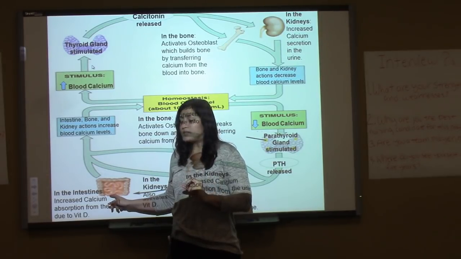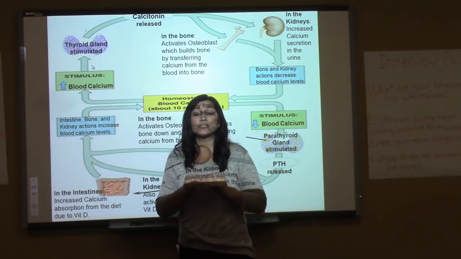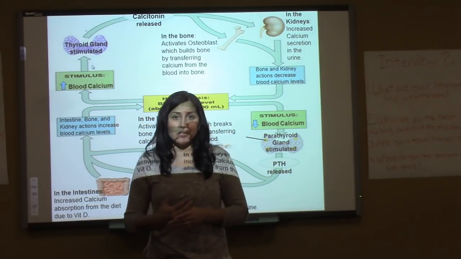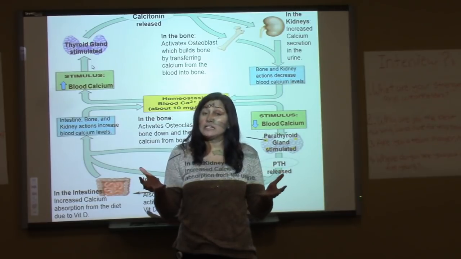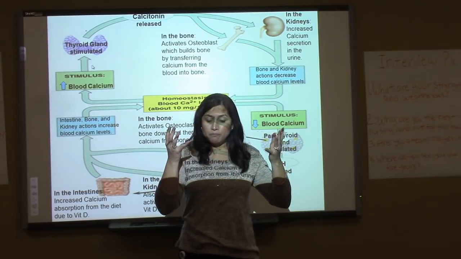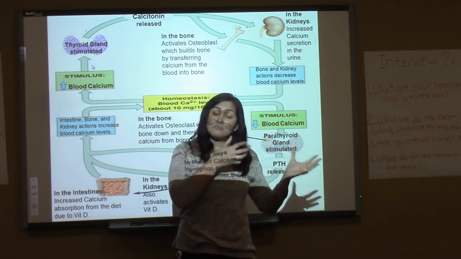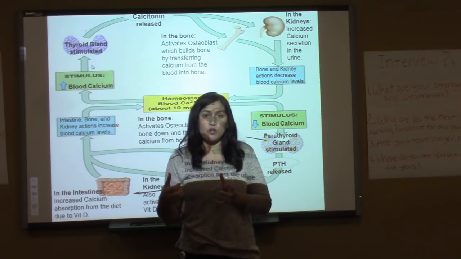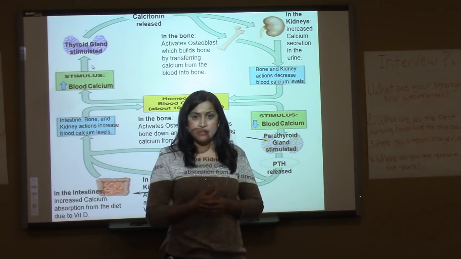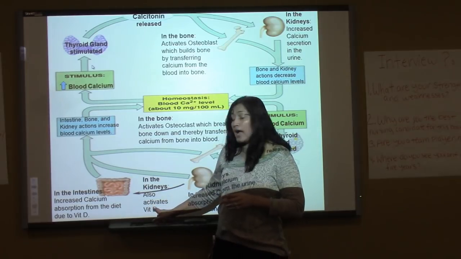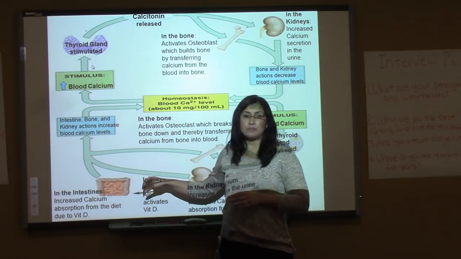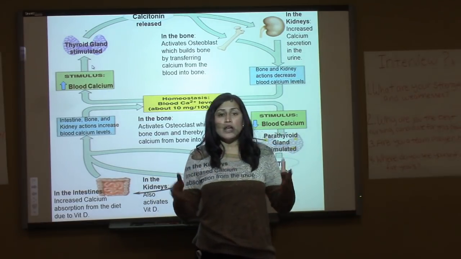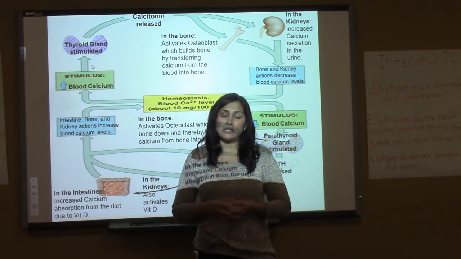Within the small intestines, vitamin D causes calcium to be absorbed from your diet. So whatever food you had, or let's say you had a glass of milk, which is high in calcium, parathyroid hormone causes that calcium to be absorbed in the small intestines by activating vitamin D. And where does that calcium go? It gets dumped into the bloodstream.